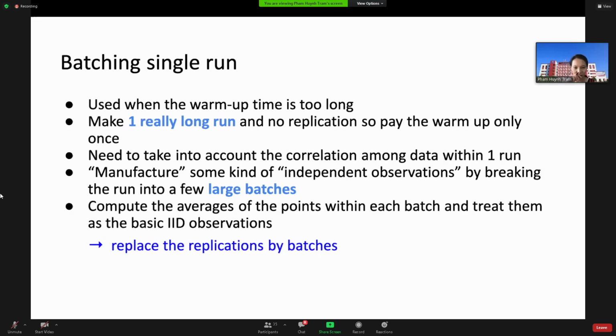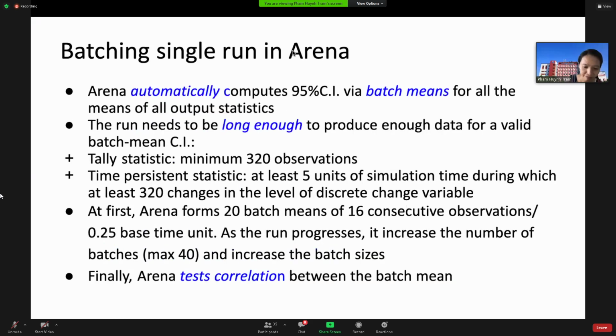What is the justification for doing that? Instead of, let's say, running 5 or 10 replications for 5 days. Okay, let's use the pen again.